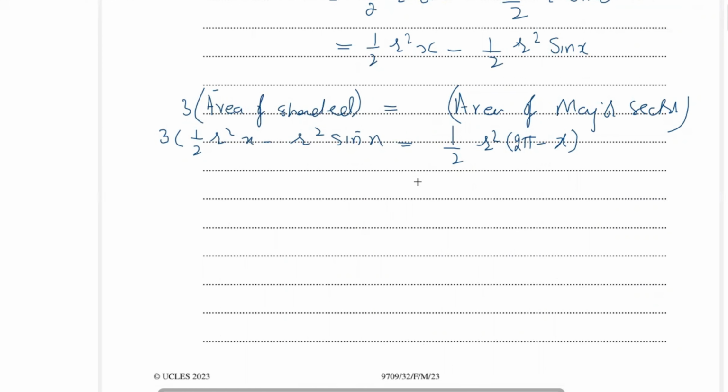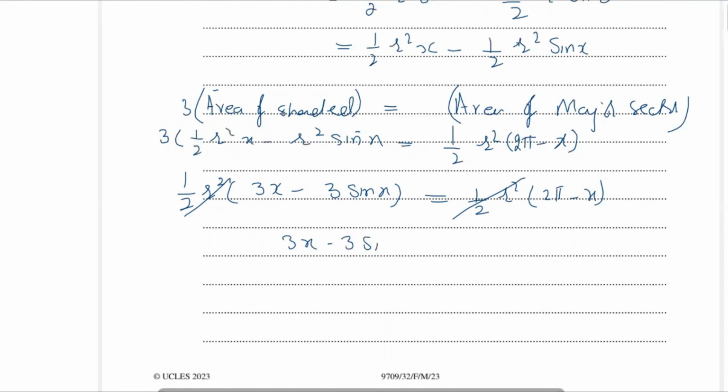Area of major sector is this. Now we take the common 1 over 2 r square. That value becomes 3x minus 3 sine x equal to 1 over 2 r square into 2 pi minus x. Now 1 over 2 r square will be cancelled. Now we can write it as 3x minus 3 sine x equal to 2 pi minus x.